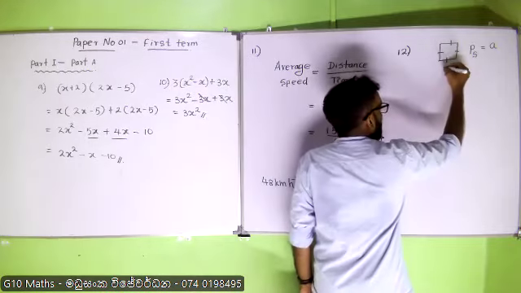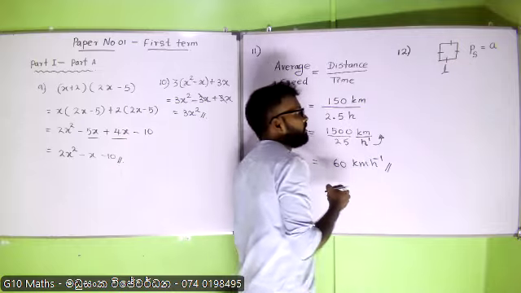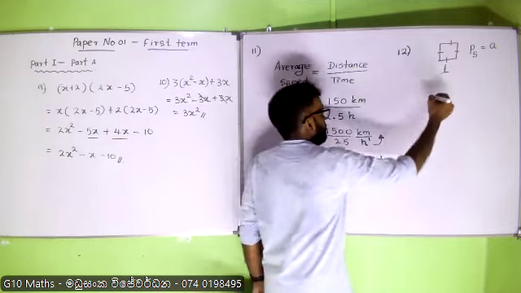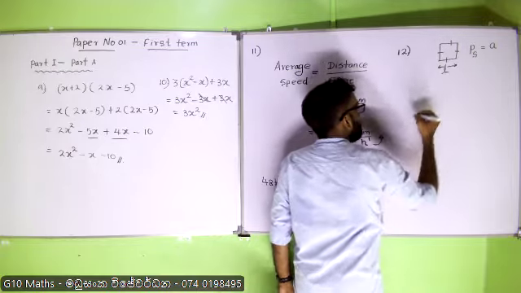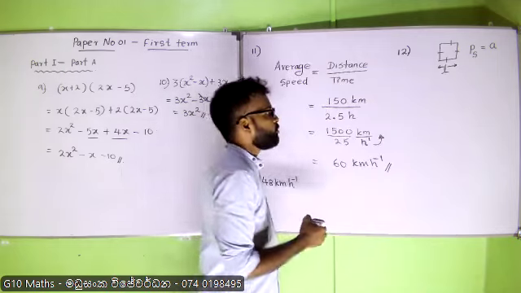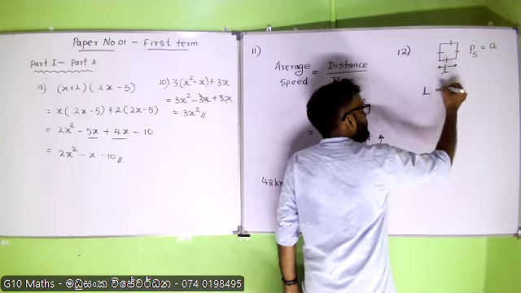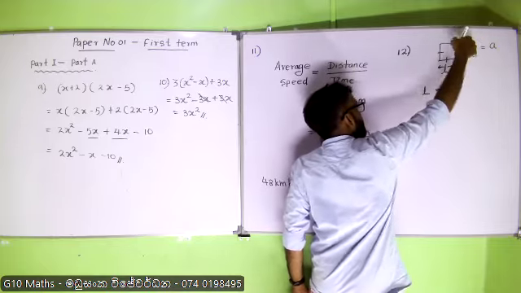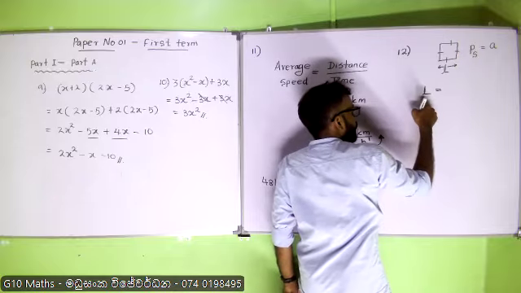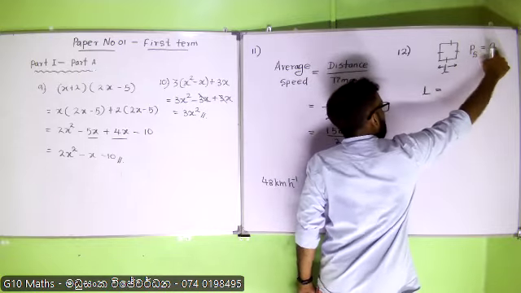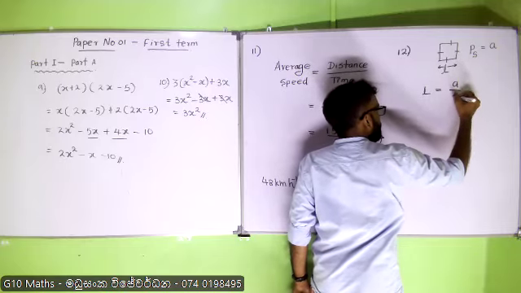By using that, you can find the length of one side of that small square. So I will refer to one side length as L. I can find the value of L. If the total perimeter is A, the length of one side can be taken as perimeter divided by 4, A divided by 4 units.